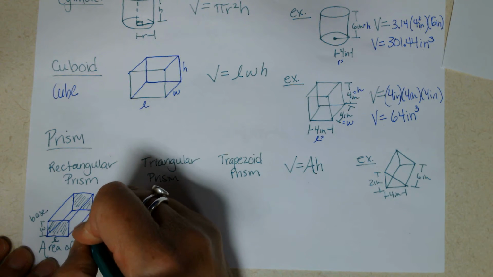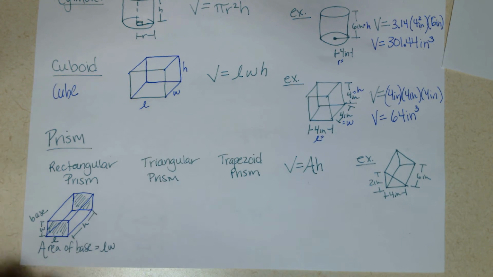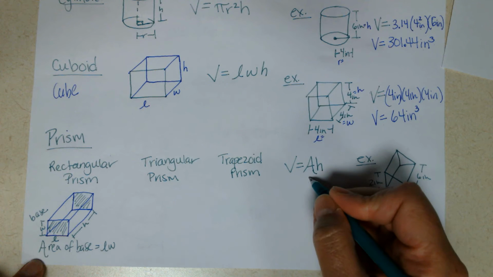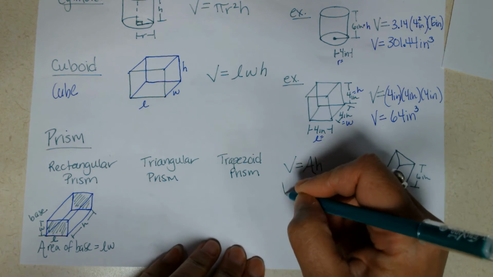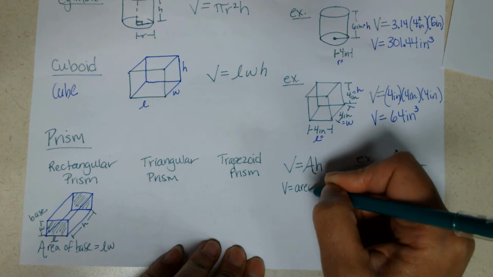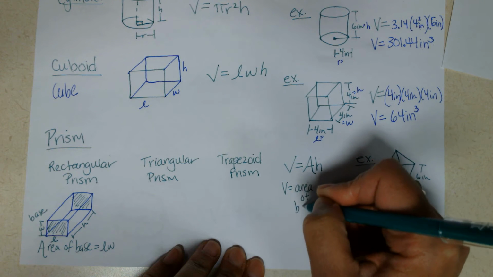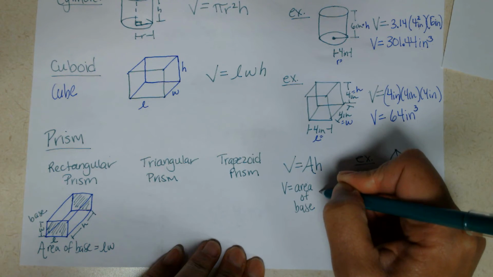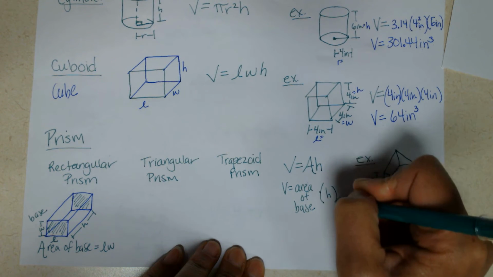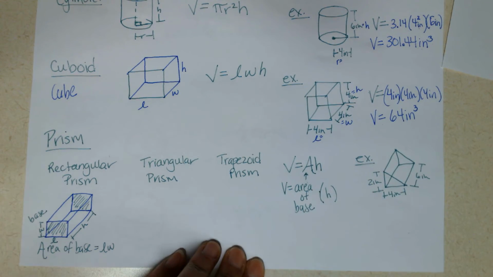And then this is going to be the height of how tall our prism is. So you have to find the base, and that's the area of the base. That's that fancy A right here. And I'm going to write that volume equals area of base times the height. So that's what that fancy A is.